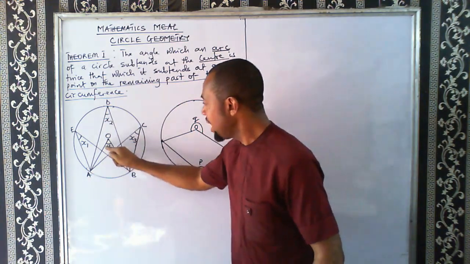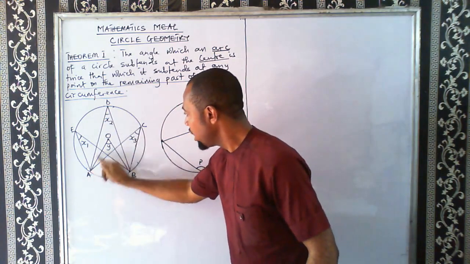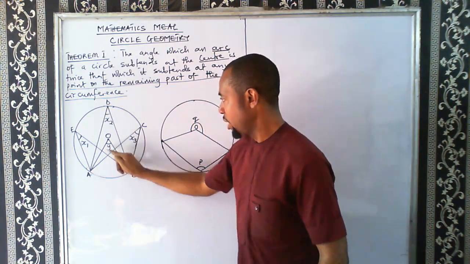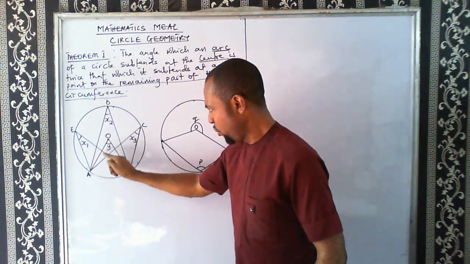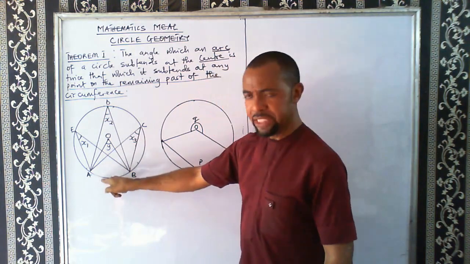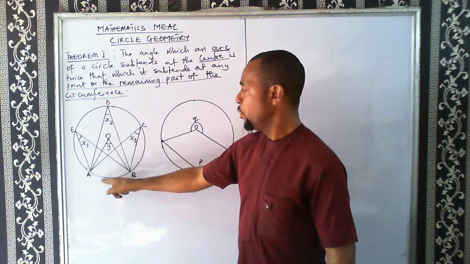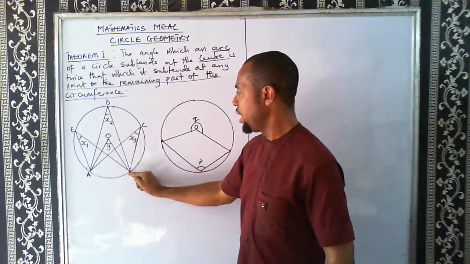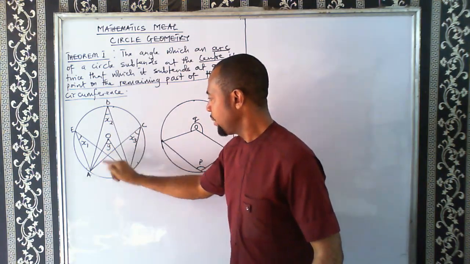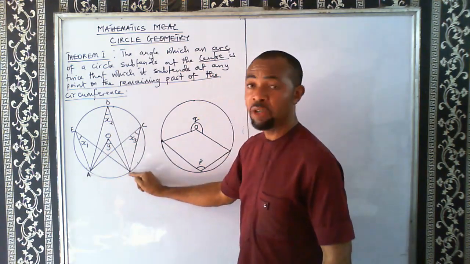You can see that from the figure. The same way, this angle at the center Y, also the lines that produce the angle at the center originate from this particular arc AB. So the lines that produce this angle originated from here, and the line that produces this one is also from this particular arc.